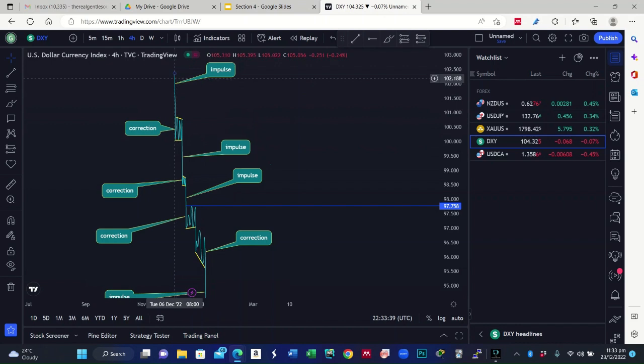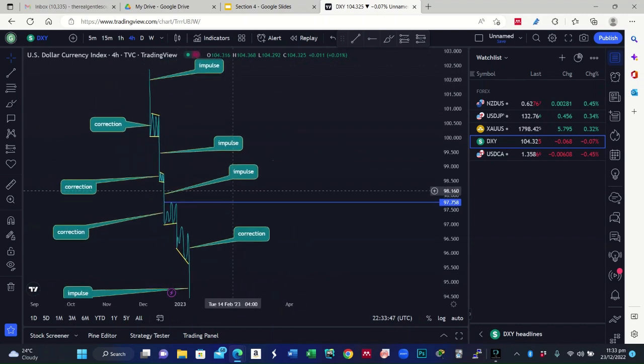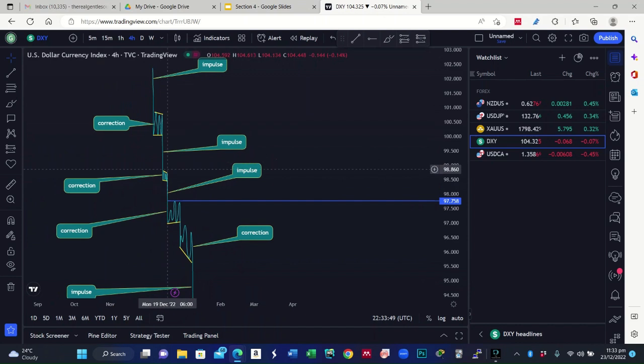This is a strong impulse, then a correction or consolidation, as you wish, then another impulse downwards, then another correction, then impulse downward again, then another correction, then an impulse, then a correction, then another impulse downward.